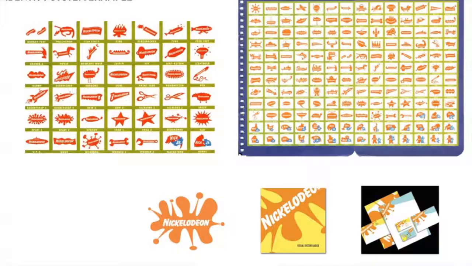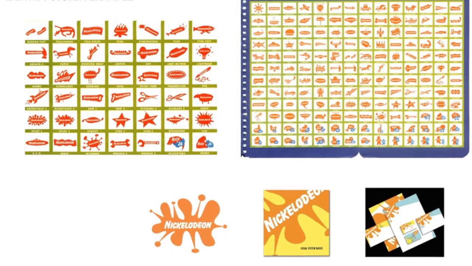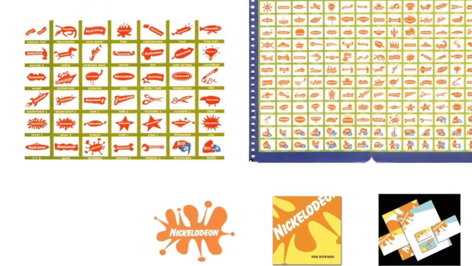So after speaking to the main director of this organization, I went back and reflected upon some of the presentations that I've participated in and seen, design history knowledge that I know about, and I recalled the old Nickelodeon logo.